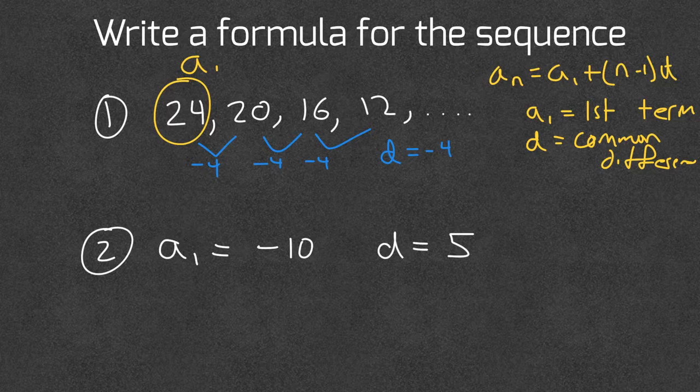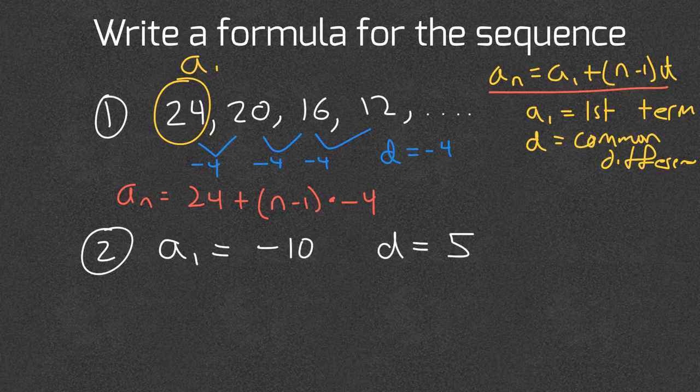So to do this equation, what I'm going to write here is this formula, but plugging in for a1 and d. So I'm going to write a sub n equals first term, 24, plus parenthesis n minus 1. Notice that stays. We don't plug in for n. Times d, which is negative 4.